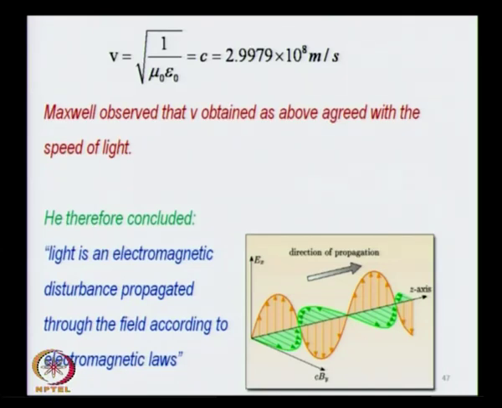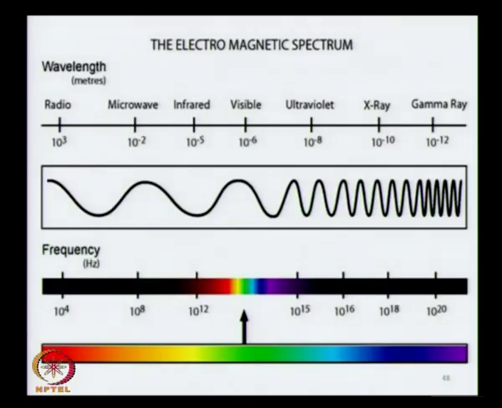And he converged on the viewpoint that the electromagnetic field has transverse properties, and it propagates at the speed of light. So, light is no different from the electromagnetic phenomenon, and this is the electromagnetic spectrum that we now know.